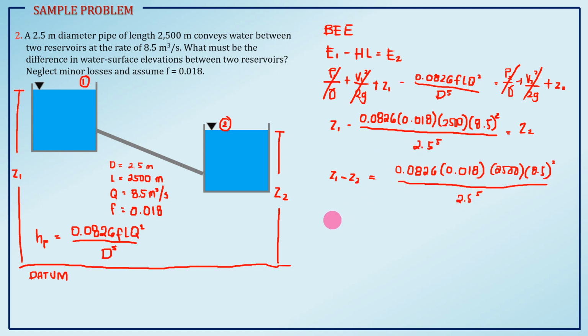This is what we said earlier: when you're analyzing reservoirs, it only has to do with the difference in elevation head. Simplifying, the difference is 2.75 meters. This is our answer for sample problem number 2.